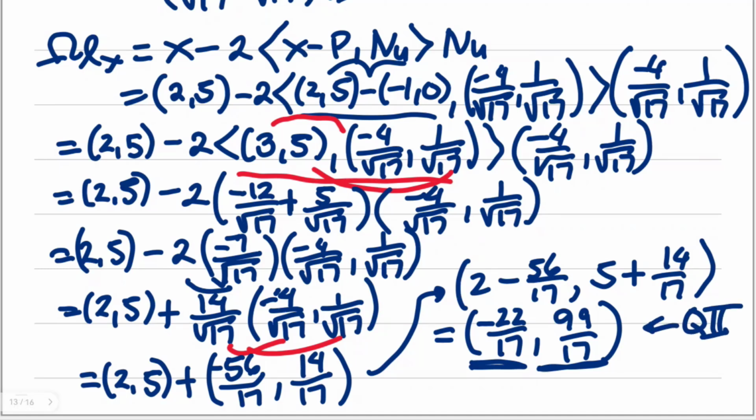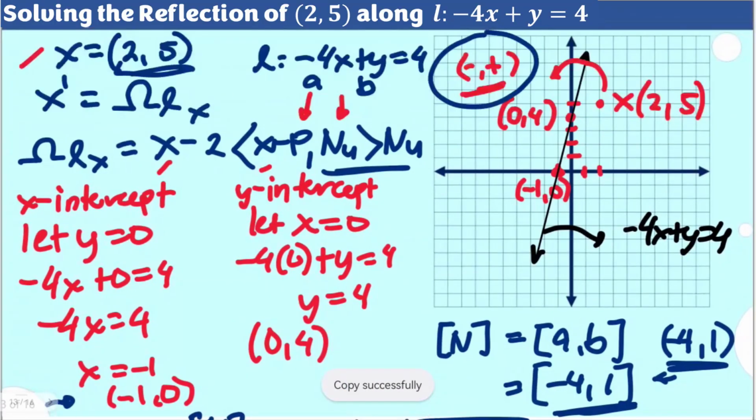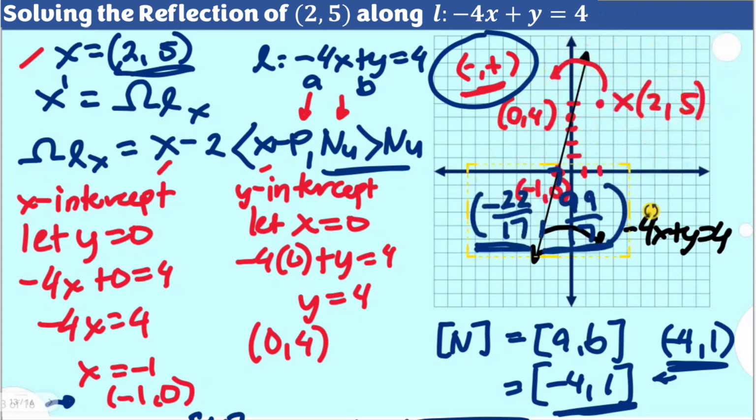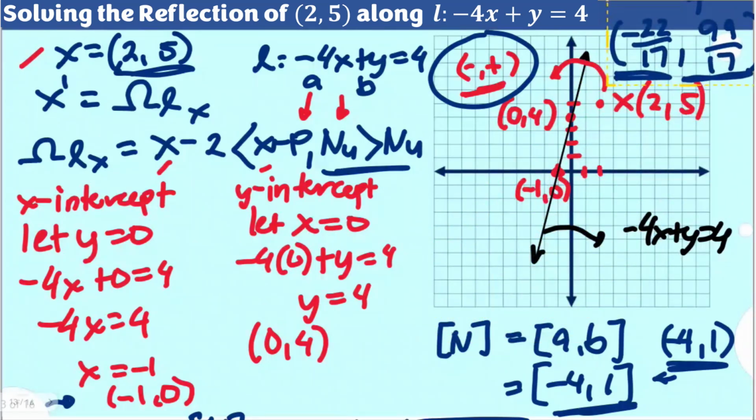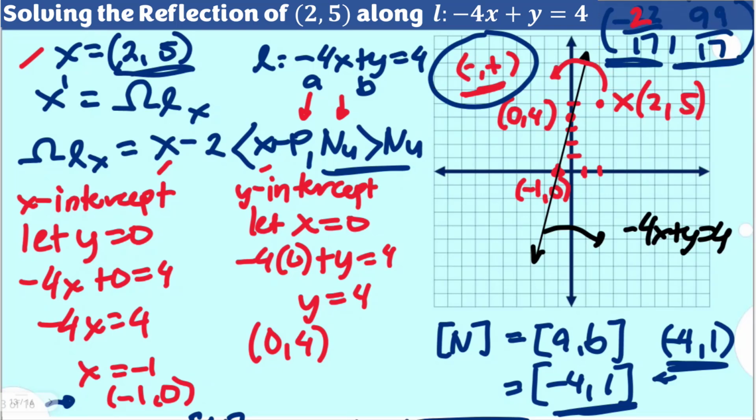Let me copy this just for the purpose of illustration, because let's try to plot that here, assuming that we are already accepting that this is really the correct answer. Let me rewrite that, negative 22 over 17, 99 over 17. So 22 divided by 17, that's negative 22, by the way, is 1.29, rounded off to two decimal places.